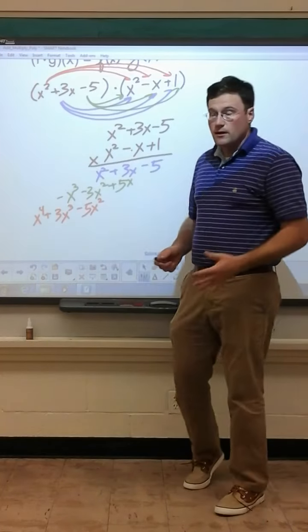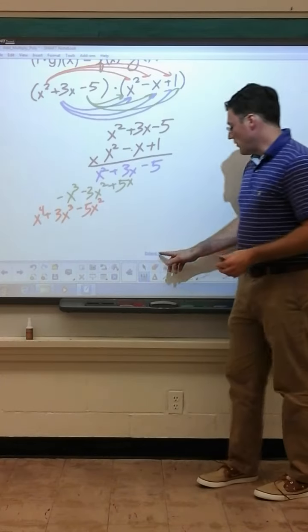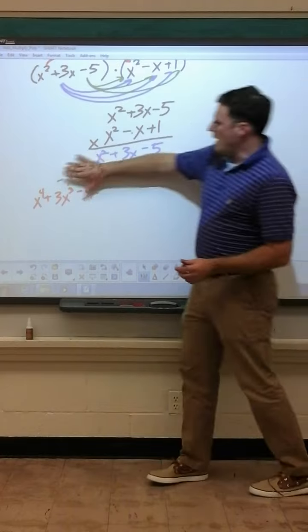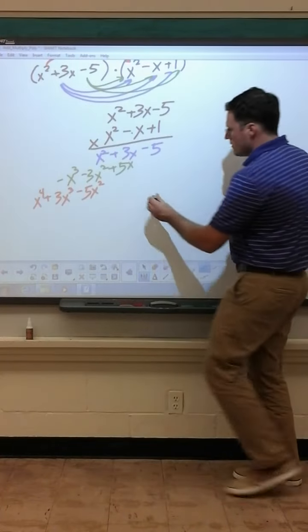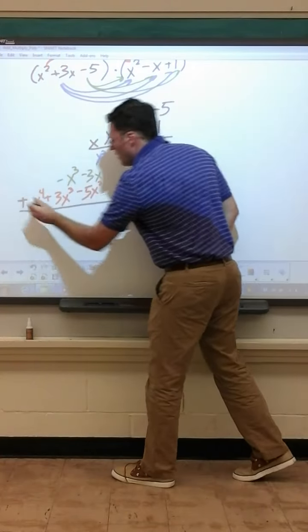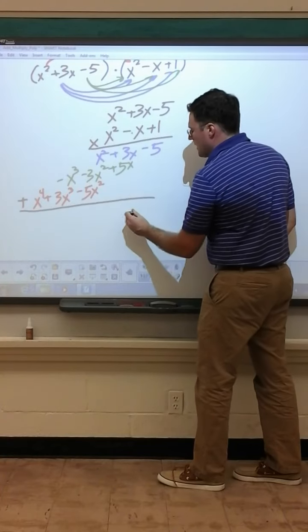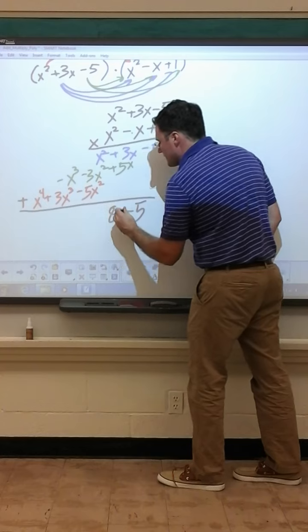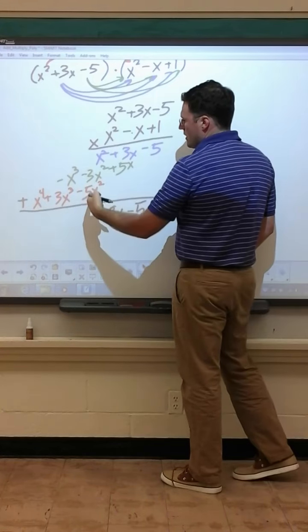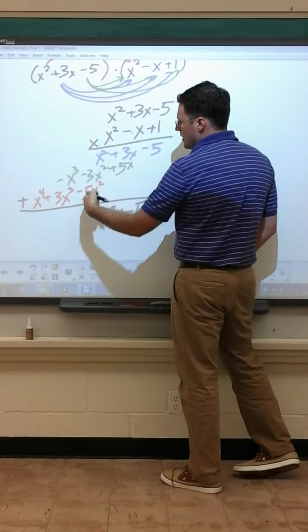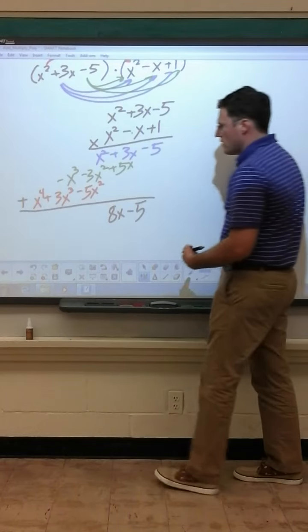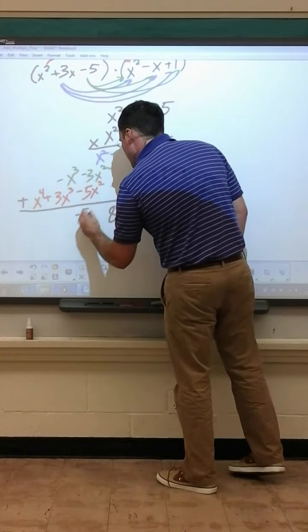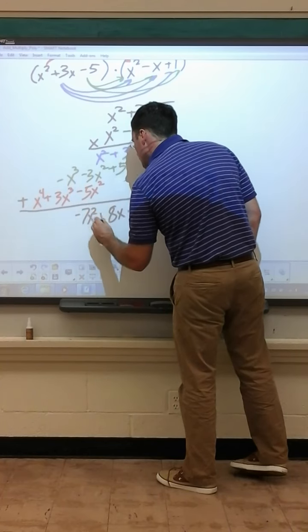Now, just like in elementary school, when we would multiply integers together, I have this stacked thing here where I'm just going to add them all together. Okay, so negative 5 is by itself. 3x plus 5x is 8x. X squared plus negative 3x squared minus 5x squared, well, that equals negative 7x squared.